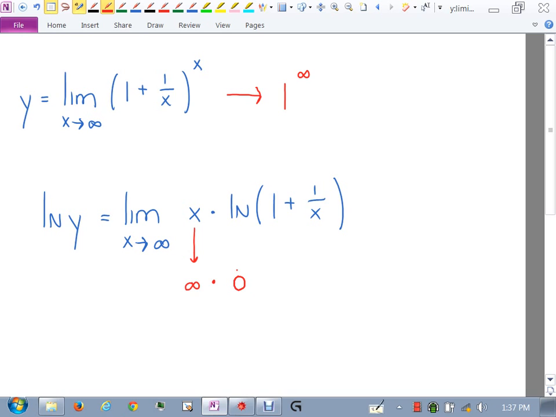Draw me the natural log function. Look. That's everything you need to know about the natural log function, right there. As you approach 0, it goes to negative infinity. At 1, it's 0. Plug in 1 to natural log, you get 0.